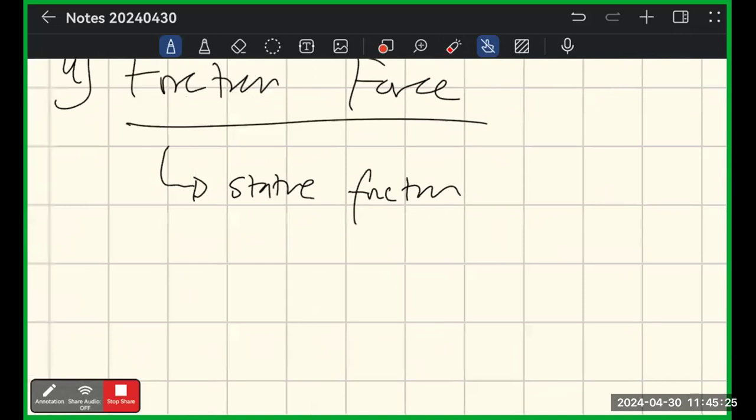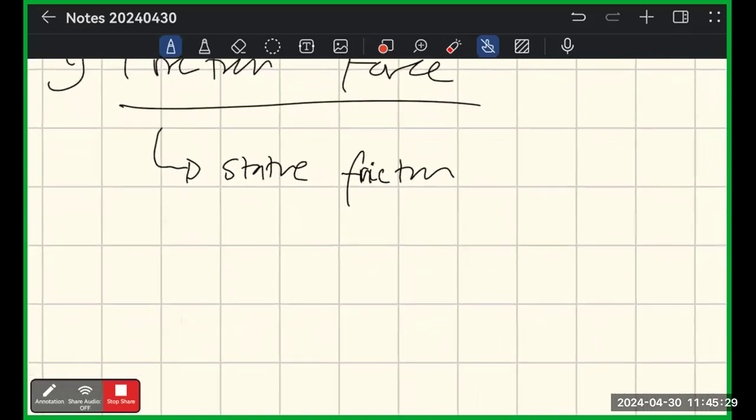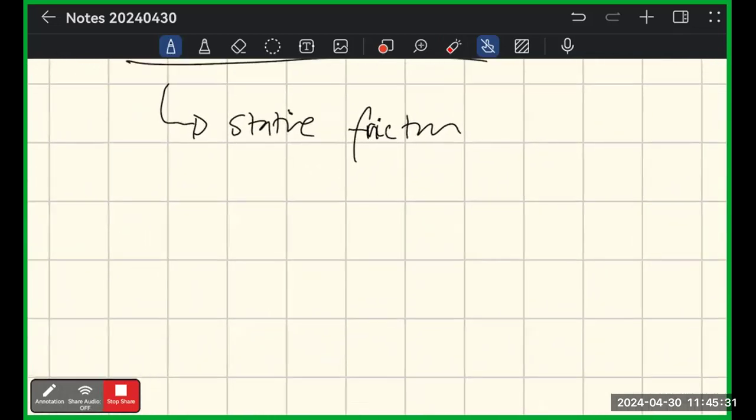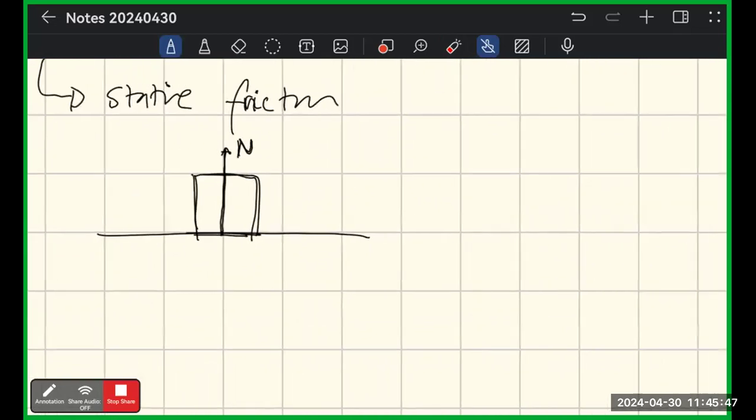For the static friction, if you have a system here, this system will have a normal force with the ground.